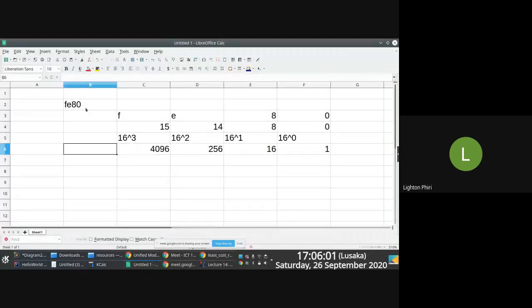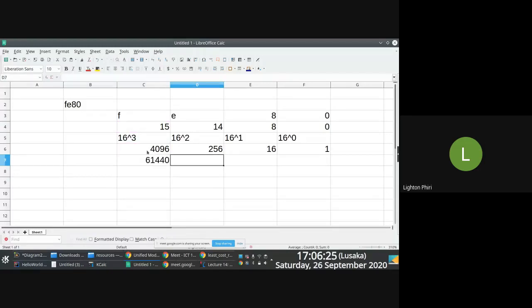After you do this, the next step is for you to multiply the derived decimal symbols, or digits, if you want to call them digits, with the evaluated powers of 16. So in this case, we are going to multiply 15 times 4096.